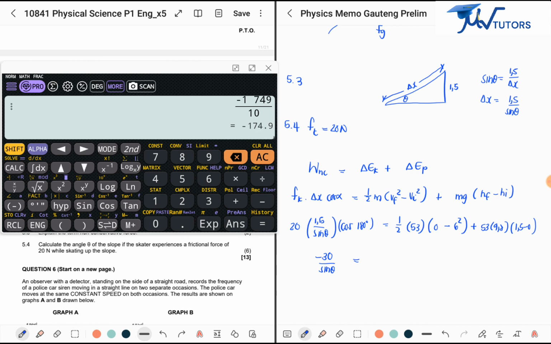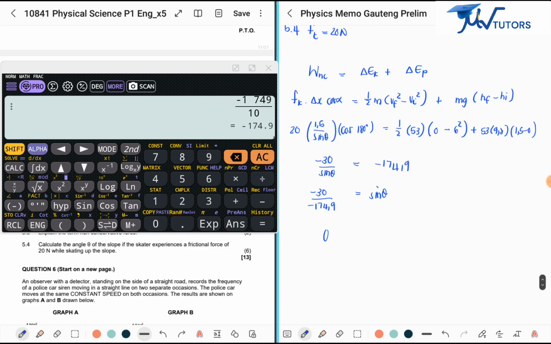Okay, so we have negative 174,9. So basically, if I take sine to the other side and I take negative 174 to the other side, and then I work out what theta is. So basically the negatives will cancel out.